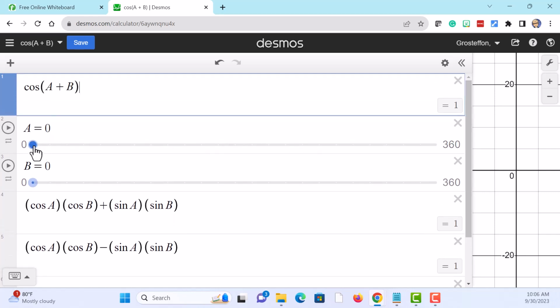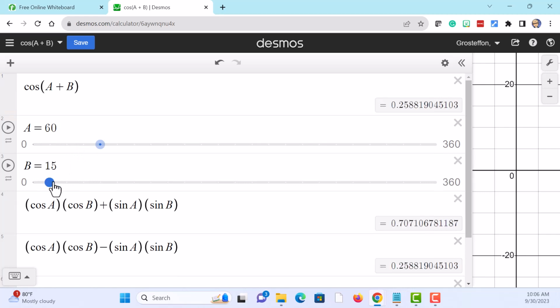So let's go ahead and change our a and b. Let's say this time we pick a is equal to 60 and b is equal to, say, 45. We see that cosine of a plus b is about negative 0.259. And the only expression that is equal to that is the last one, so we can eliminate the first.